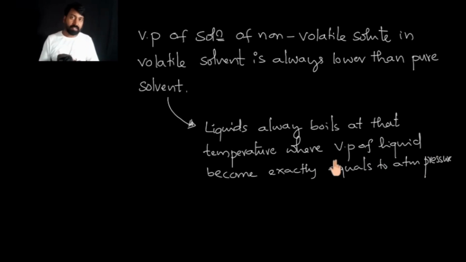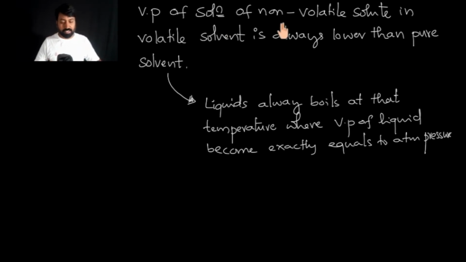So when a liquid is boiling at a particular temperature, it means that at that boiling point the vapor pressure of the liquid becomes exactly equal to the atmospheric pressure. At that moment we can say that the liquid is boiling. Now the fact is that the vaporization of the solution is less, and therefore you have to heat it more to make the vapor pressure exactly equal to atmospheric pressure.